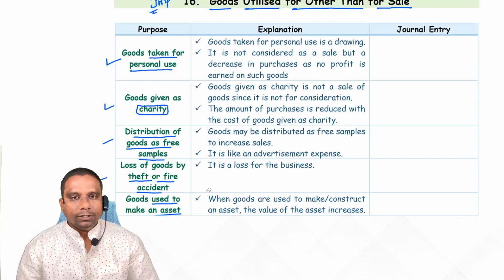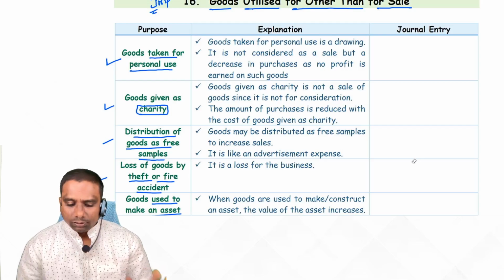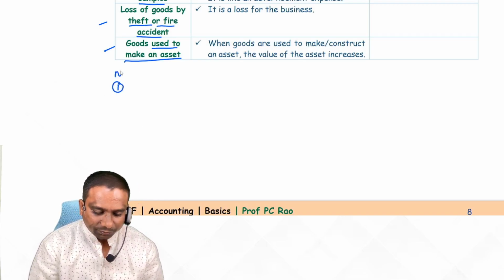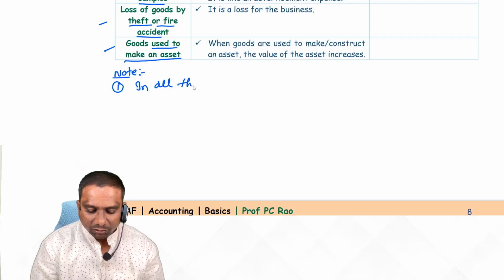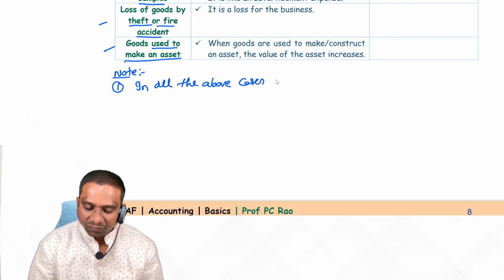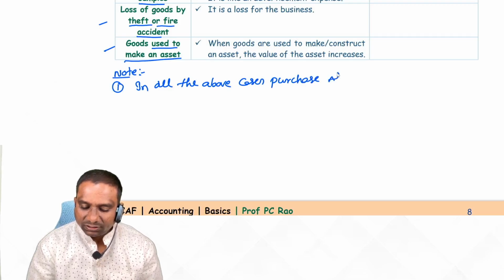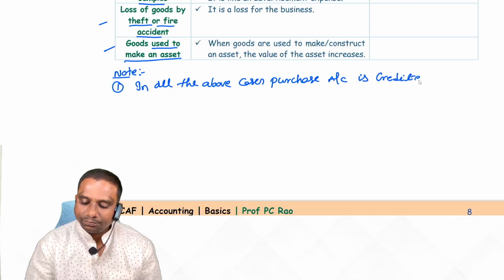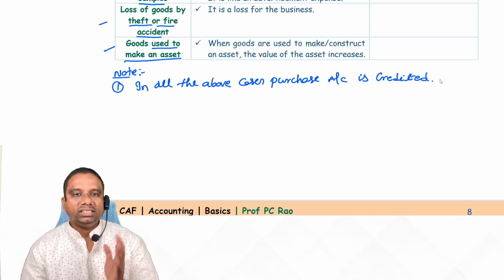Now observe carefully. First point, write down: in all the above cases, purchase account is credited.